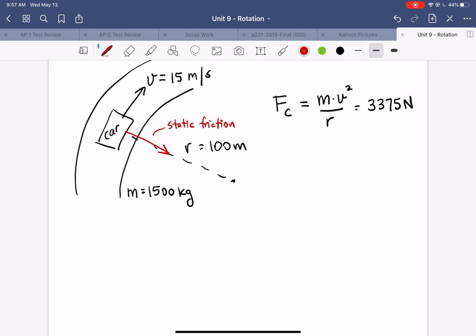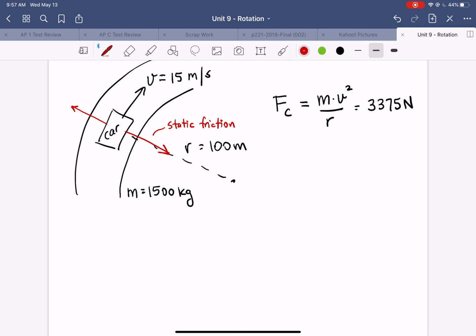By the way, let me just address one common misconception here. It's very common for people to think that the force, when you're traveling in a circle, points in this direction. Because if you're in a car and you take a curve very fast, that's the direction that you go, right? You sort of feel yourself sliding towards the outside of the turn.